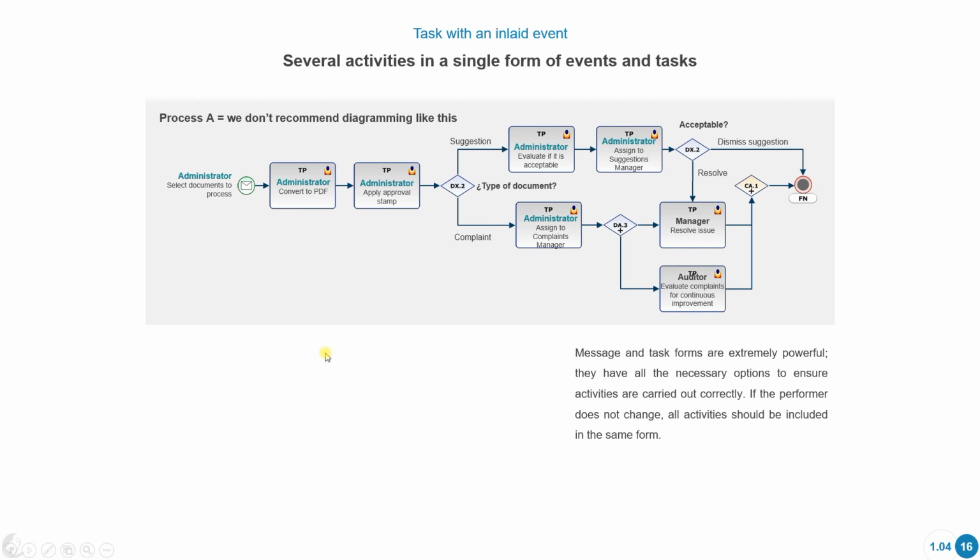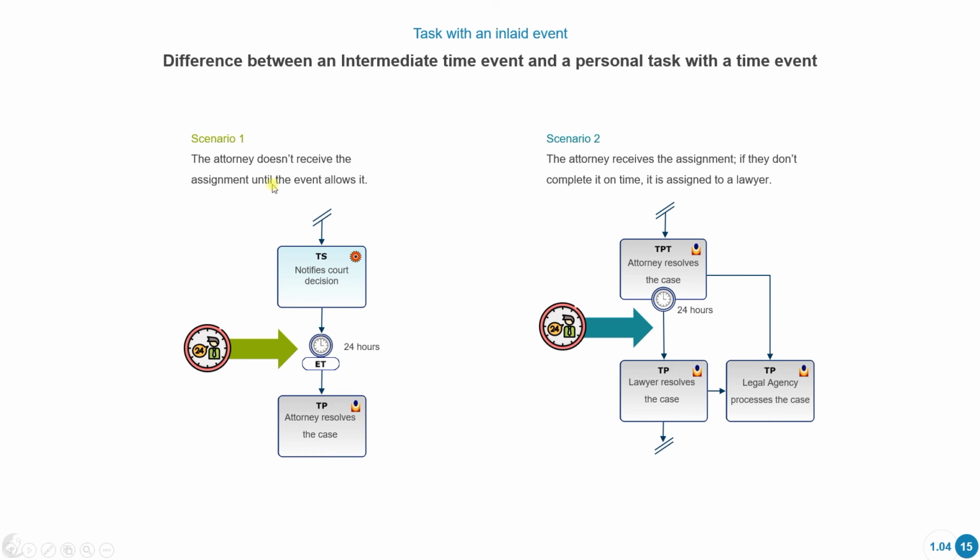Okay, so in the first scenario, there's an attorney who doesn't receive an assignment until this event allows him to receive it. Okay, so let's say something happened previously in the process and then it stops here during 24 hours, and once it stops, this attorney is going to be able to perform his activities, perform his task.